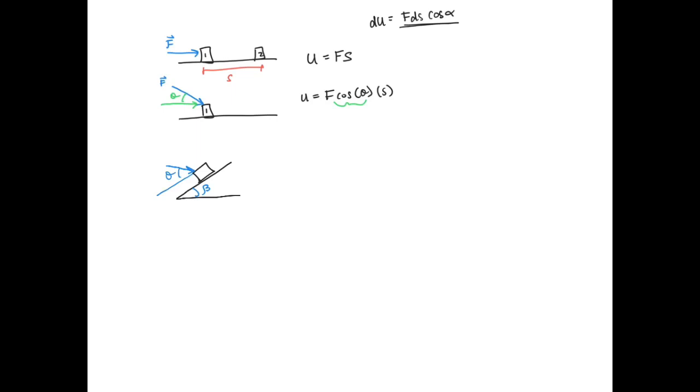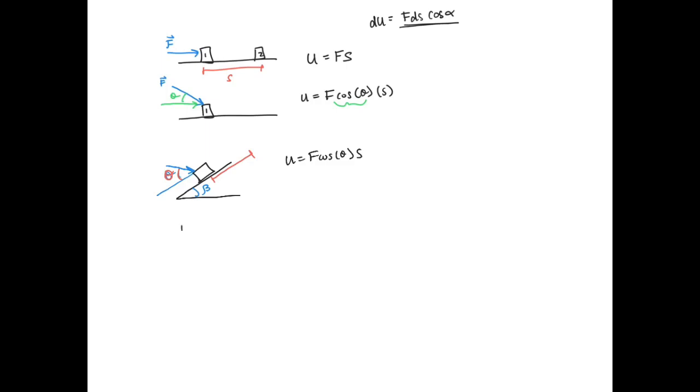In this case, the path of motion is along here because it's going to be moving up the bank. And so the angle that we're interested in is theta. We don't have to worry about beta. So here we would still have U is equal to F cos theta times the distance S.